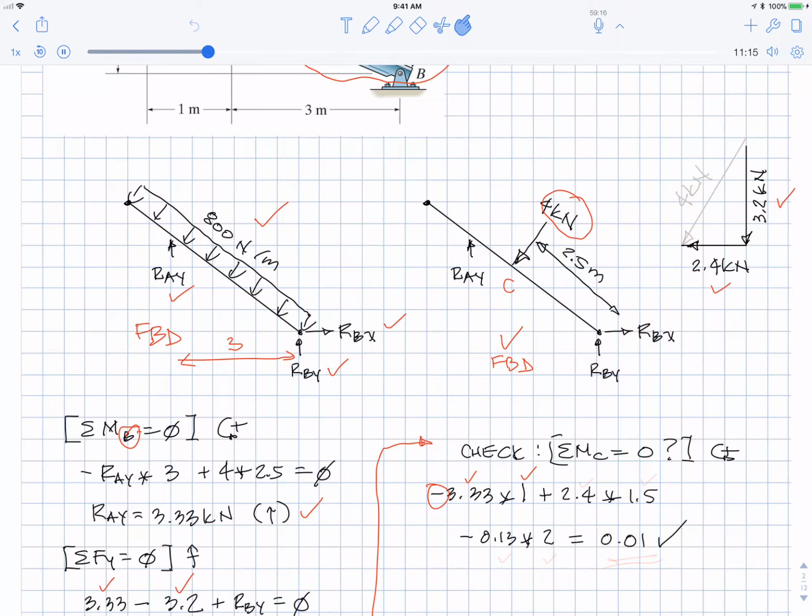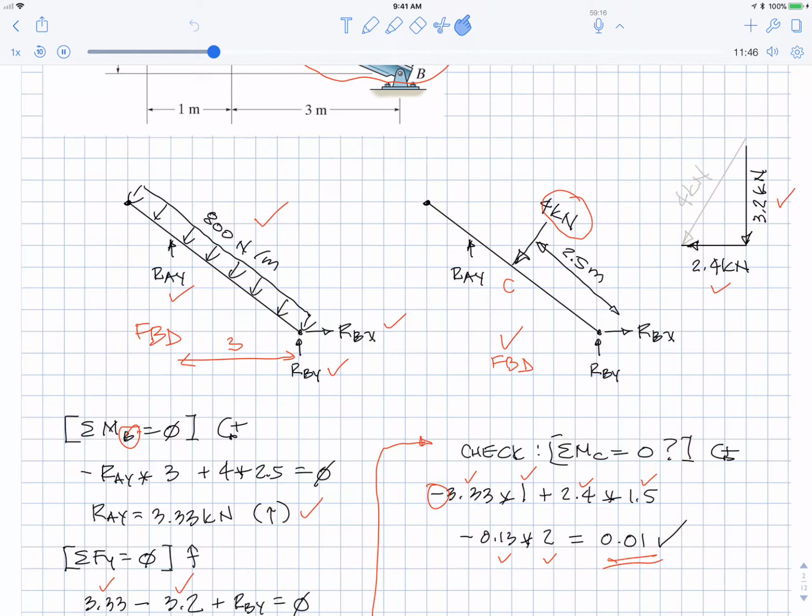Then you had RBX, 2.4 kilonewtons, and its perpendicular distance was 1.5 meters if you look at the 3, 4, 5 triangle. And then finally we have this RBY going down, so going clockwise around there, minus 0.13, and its perpendicular distance from the middle point C was 2. And sure enough it added up to 0 except for round off.